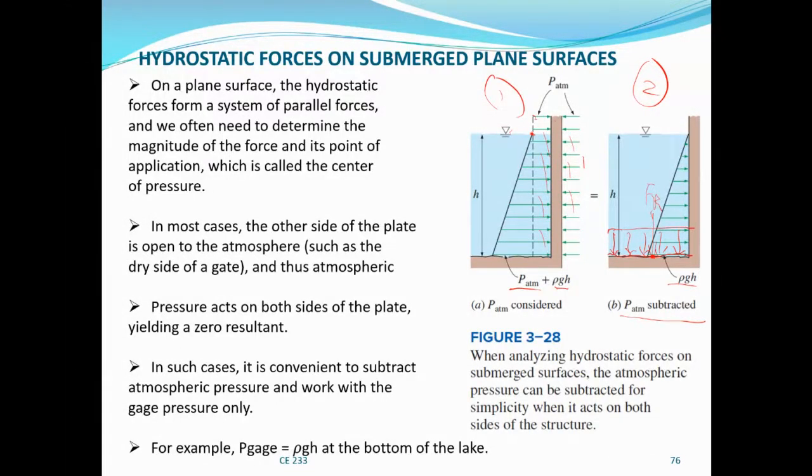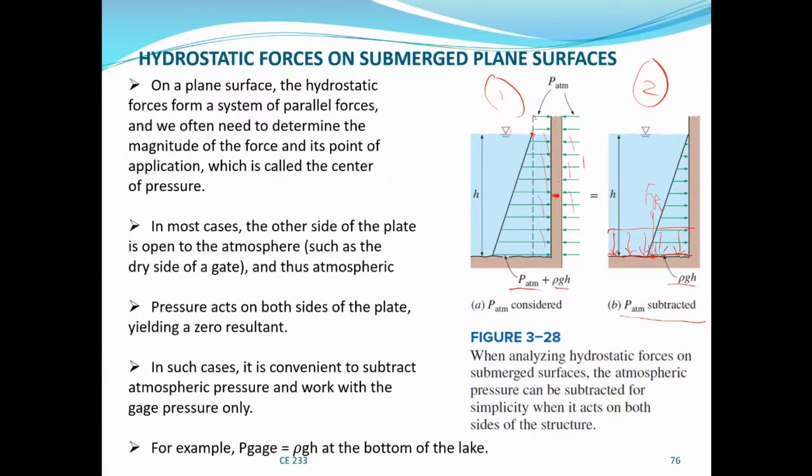But as we are going to see later, if it is an inclined plate or vertical plate, usually the center of pressure does not coincide with the centroid. Like in this case, the centroid of this plate is somewhere here.